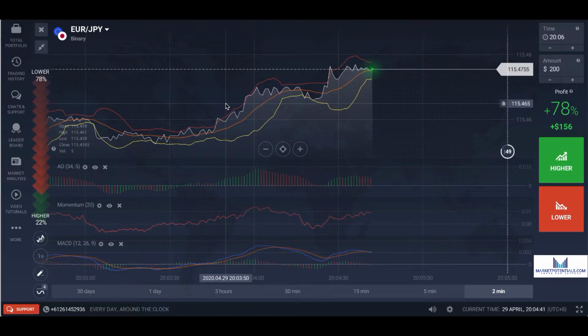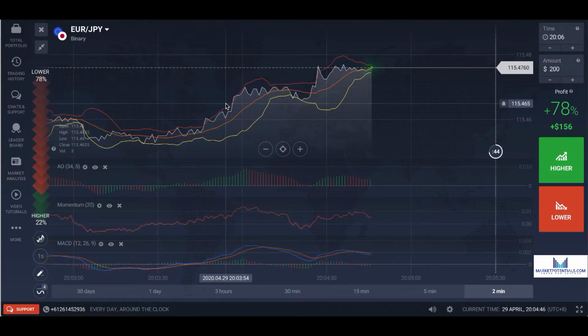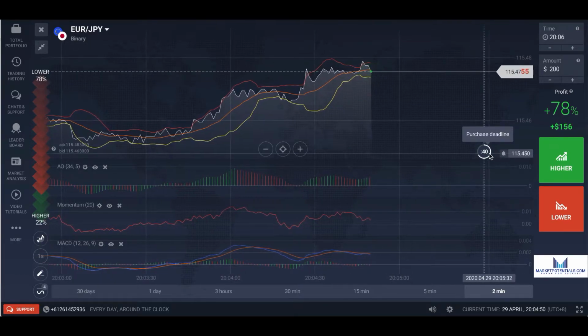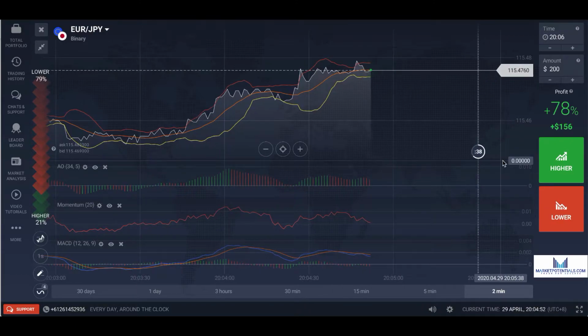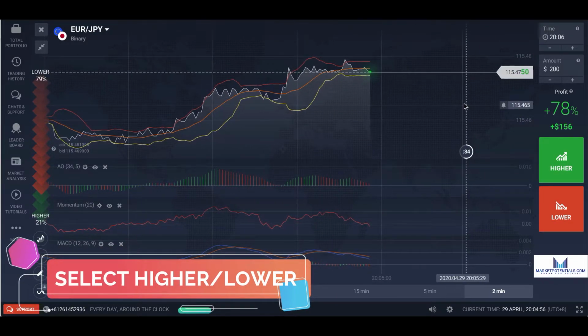The reason I trade very close to the white line, typically within 5 seconds of the white line. The white line, again, guys, to recap, that's a purchase deadline. All right, so if you want to make a trade for this one, you got to make a decision by selecting higher or lower before you hit the white line.